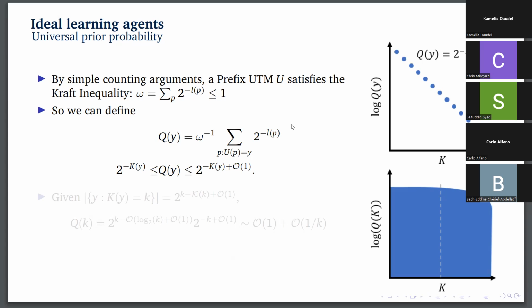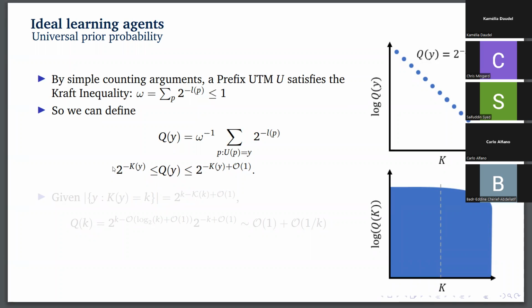And thanks to a theorem from Levin, we can bound this universal a priori probability by 2 to the minus Kolmogorov complexity, because the Kolmogorov complexity is the shortest program that produces this output, and the probability must be at least this big.